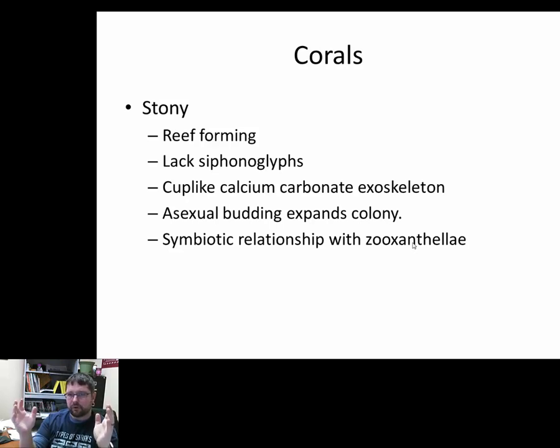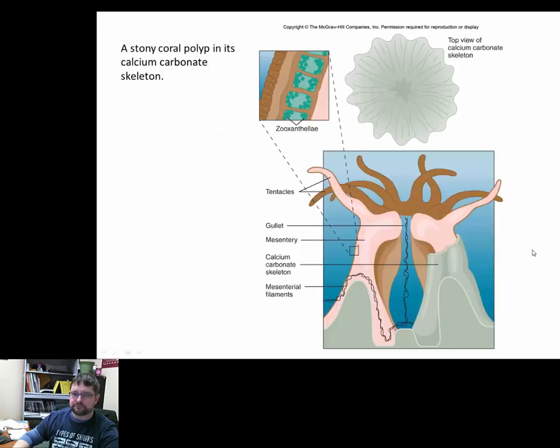If conditions are poor, the polyp will reject those organisms and just expel them, and that's where the bleaching process comes in. That's where the term bleaching comes from, because the coral itself, calcium carbonate, is white, and so the coral loses all pigmentation and just goes white, and eventually the coral, the polyp, dies.